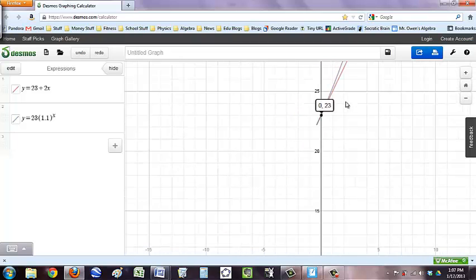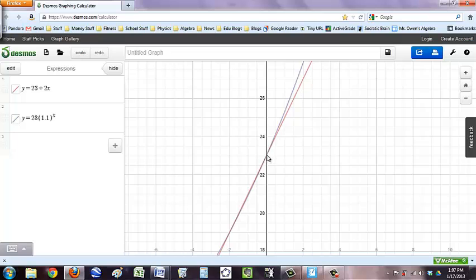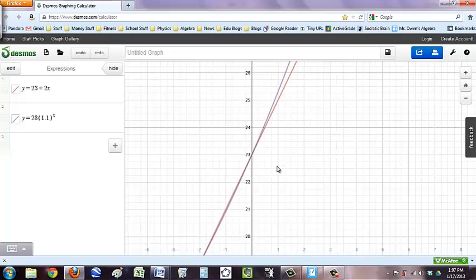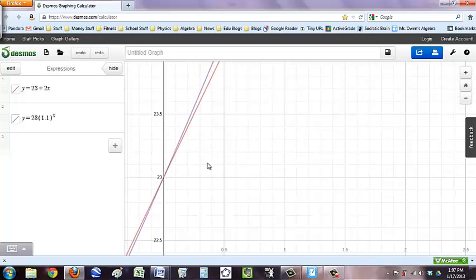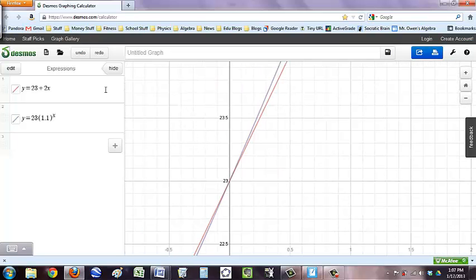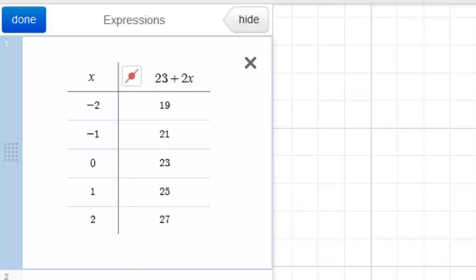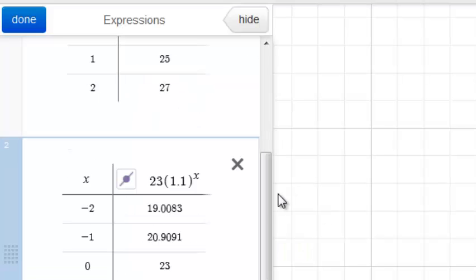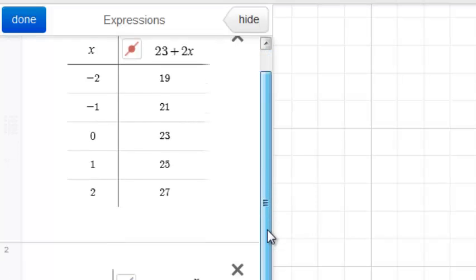Let's zoom in and see if we can't analyze that a little further here. Is the blue one always ahead of the red one? That's the question here. It looks like it is. But if you're not sure, you can always go to Edit and convert to a table. Same thing on this one. Convert it to a table. Here's the x's and here's the y's. Now we start at 23 and go straight to 25 on the linear one.